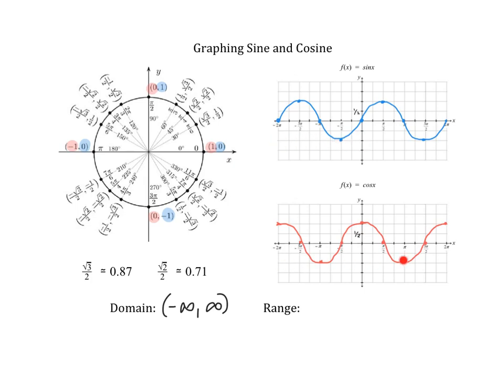Both of these have a clear minimum value at -1, and it does have a coordinate at -1, so it's included. They both also have a clear maximum value at +1. So this is going to be the domain and range for both sine and cosine for their parent functions.